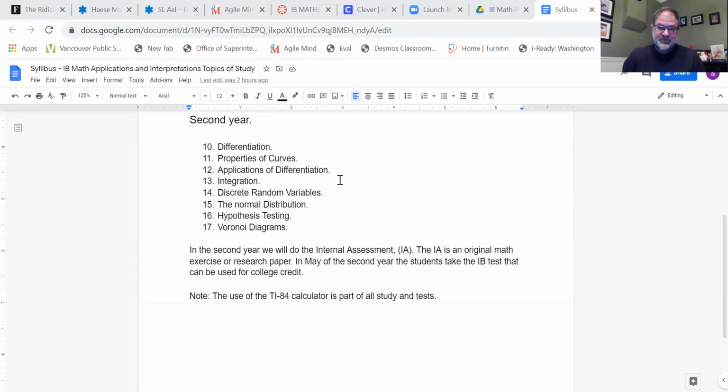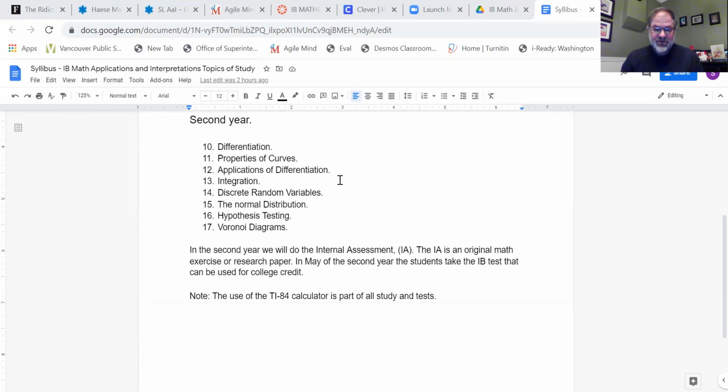We'll do some geometry and calculating the area under the curve, and then we'll use the actual integral to find that area under the curve. Okay, the next 3 chapters are the statistics part, of lengthy statistical analysis. Discrete random variables, we learn about data and how to find data.